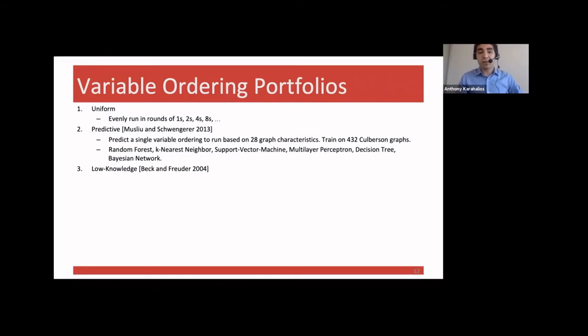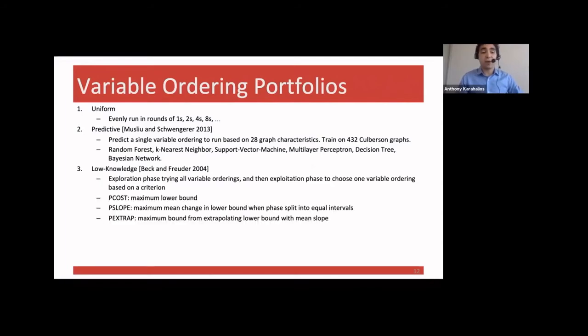Next, a low knowledge portfolio by Beck and Freuder, where we split up into these exploration and exploitation phases, and the variable ordering chosen in the exploitation phase is chosen by one of these 3 criteria: either the maximum lower bound achieved, the maximum p-slope, which is the maximum mean change in lower bound if we split up the exploration phase into intervals.